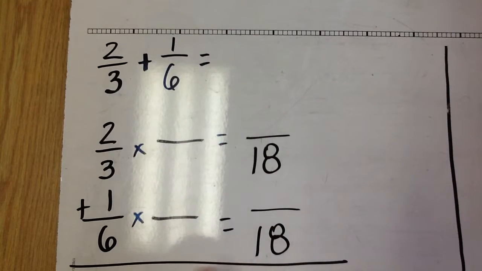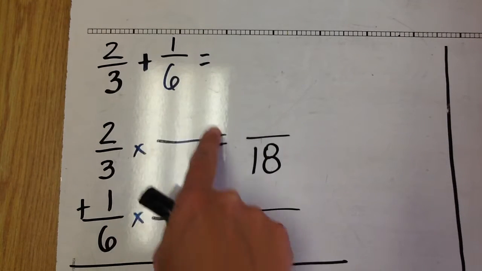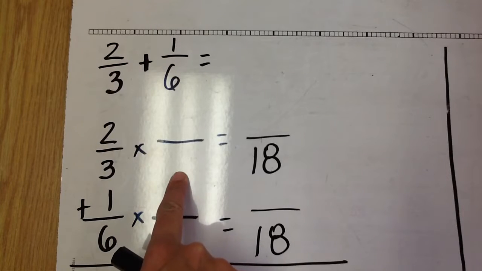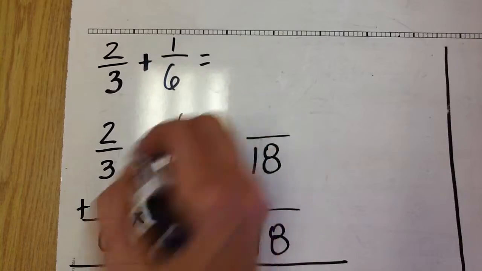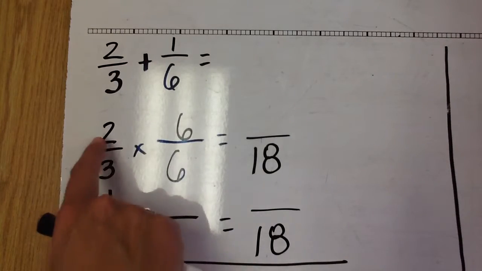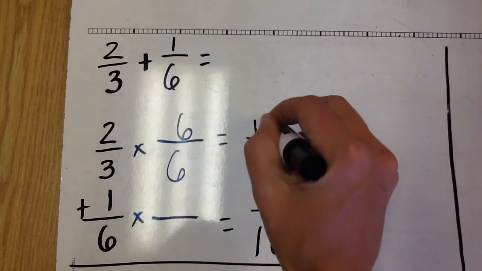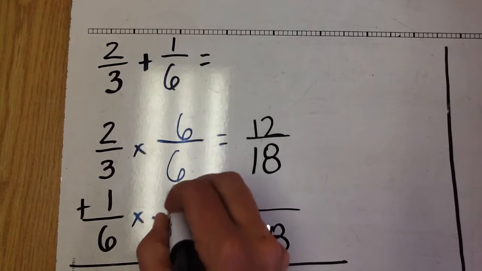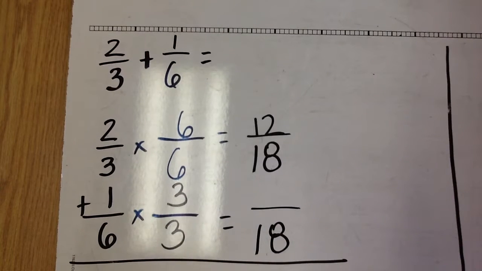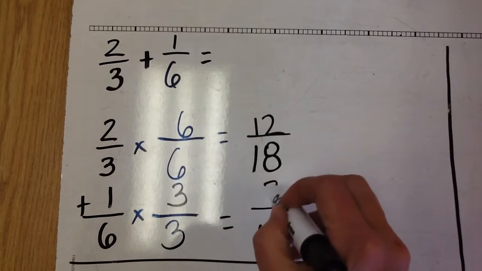So then to make my equivalent fraction, I know I have to multiply this by a fraction that's equal to 1. So I know 3 times 6 is 18. So that's going to be 6/6. So 2 times 6 is 12. And then down here, 6 times 3 is 18. So I'm going to multiply this one by 3/3. So 1 times 3 is 3.